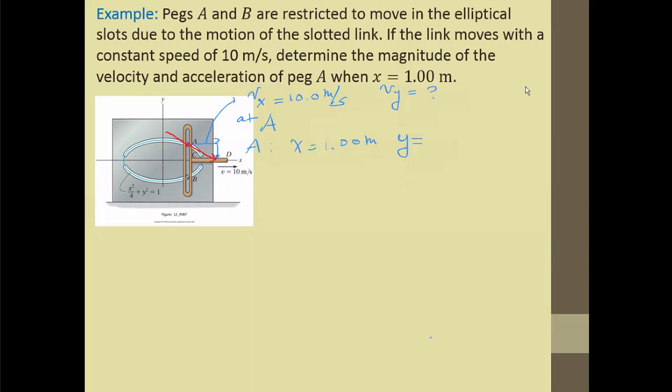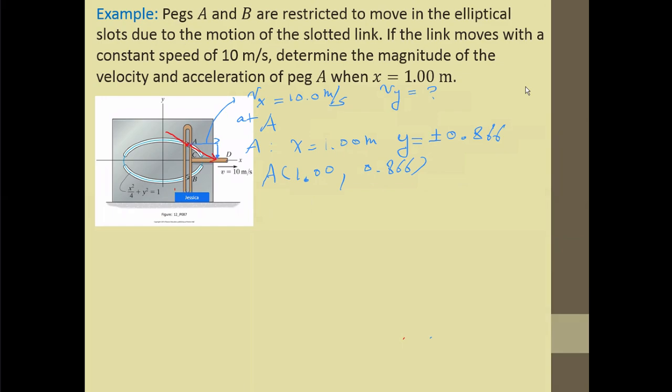We solved for y already. That turns out to be plus or minus 0.866. So for peg A, we choose positive: x coordinate 1, y coordinate positive 0.866.